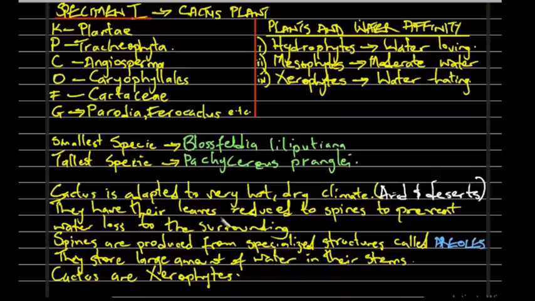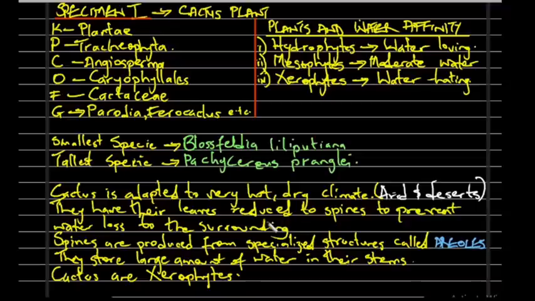Now they have their leaves reduced to spines to prevent water loss to the surrounding. That is basically what we have in this type of crop. It has spines on them, and the spines are supposedly replacing the leaves, because these plants are found in regions that are very very hot, and so they do not need to lose water to the surrounding.